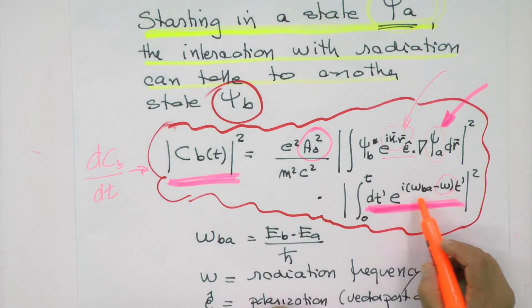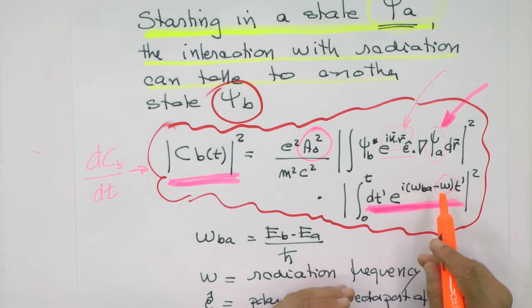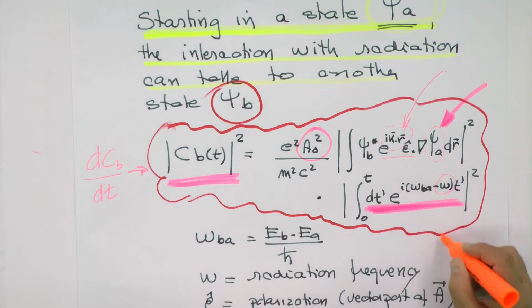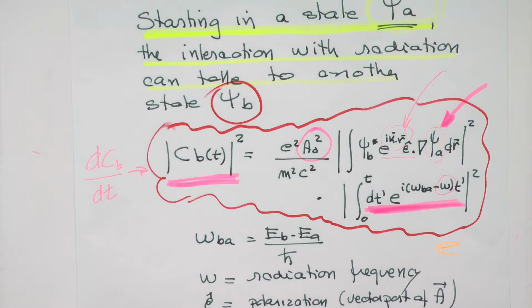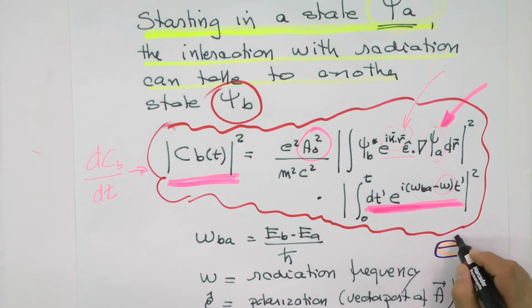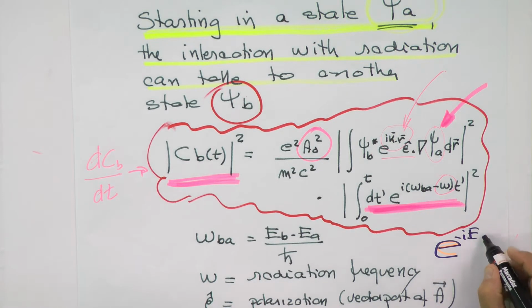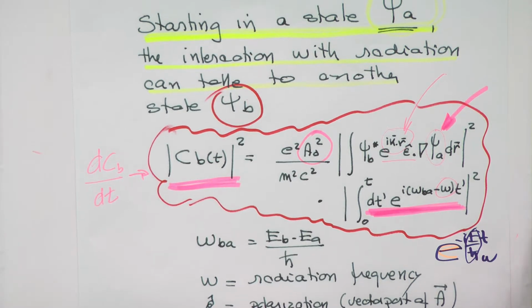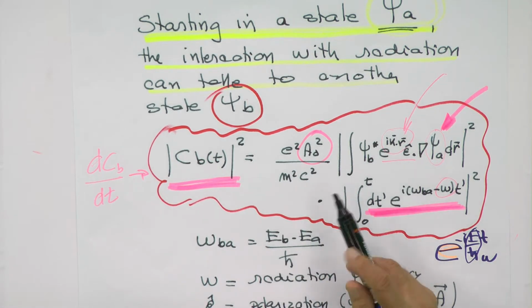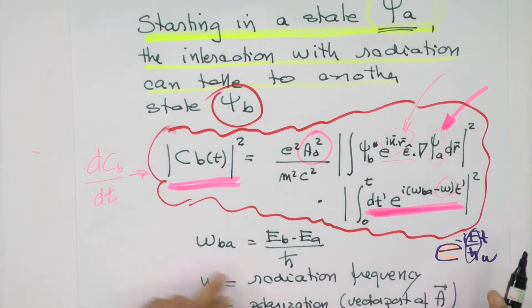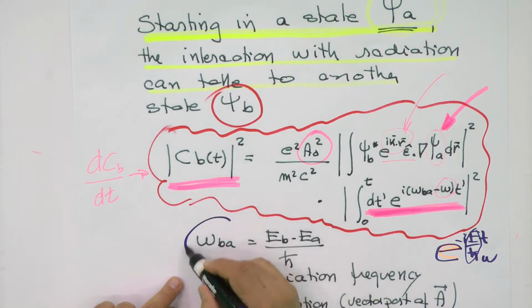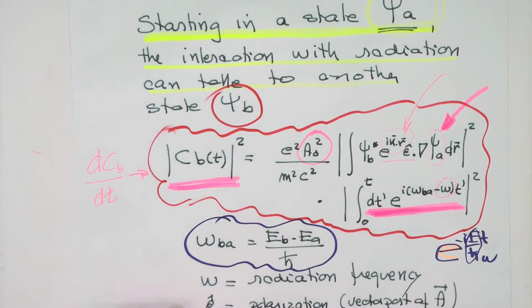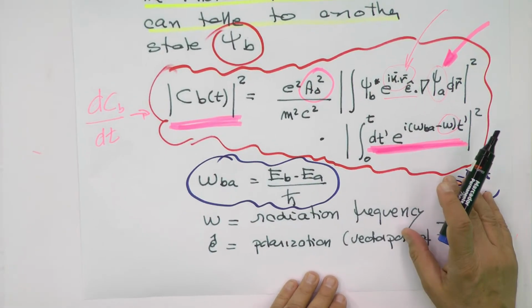Remember, the states oscillate like e to the minus i E_A t divided by h bar. These things here we call omega. And because we're going to have two states involved, A and B, omega_BA is basically the energy difference, expressed as frequency, between the state A and B.